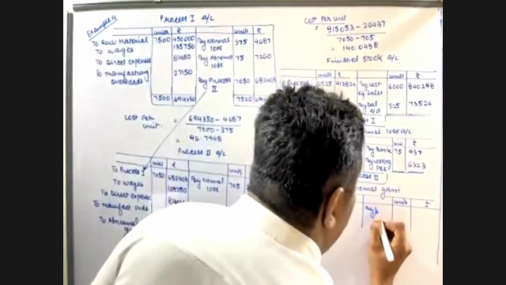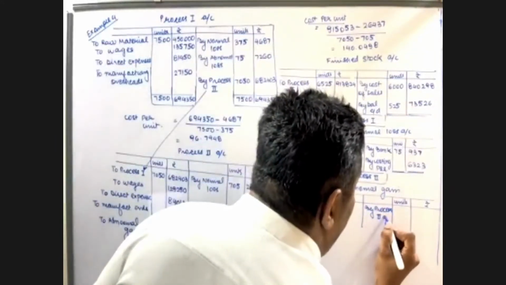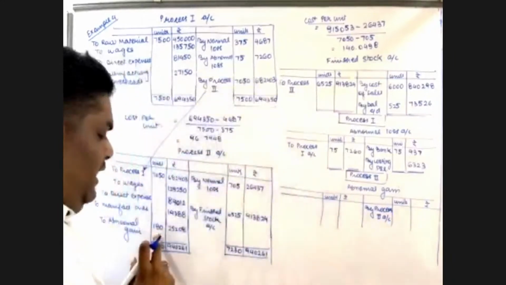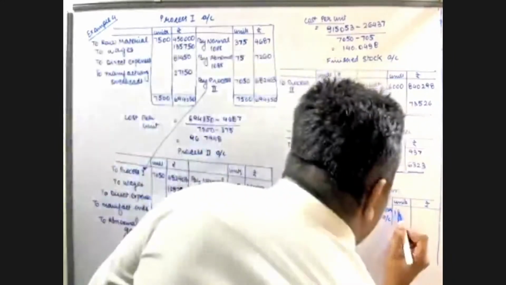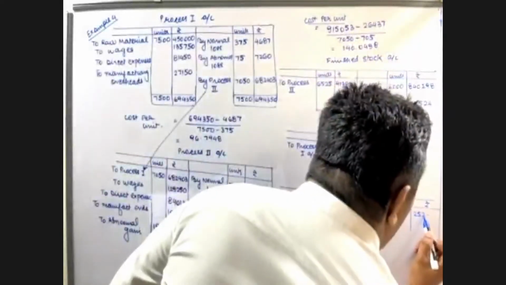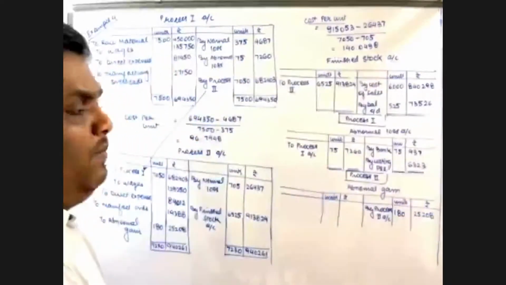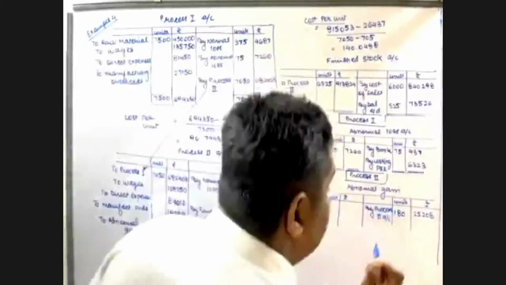So by process second account, it is 180 units and the value is 25,208. Further, we have to prepare normal loss account also.